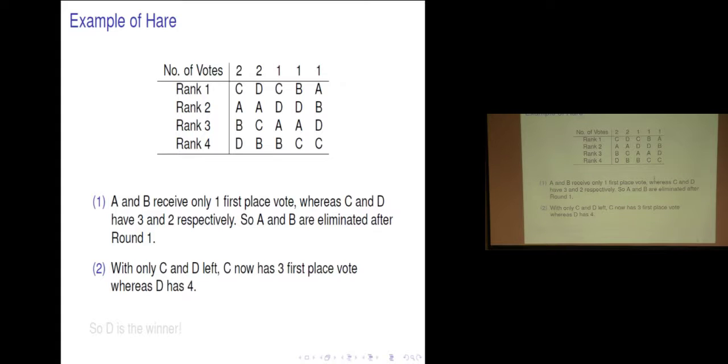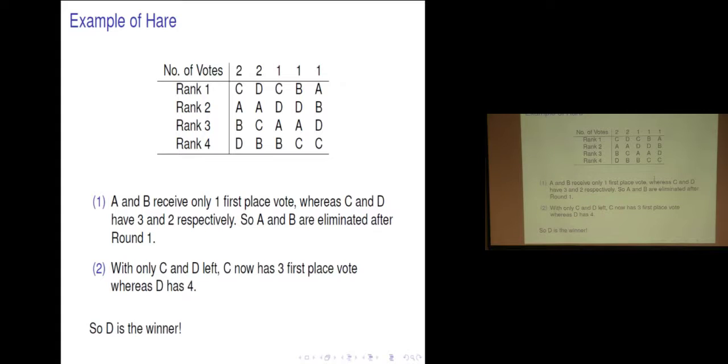If you remove B, you increase the count of D by 1 vote because B is out. Look at the last column: A and B both are out, so D becomes the first choice of the last one. So A and B are removed, C has 3, but D has 4. In this case, D is the winner.